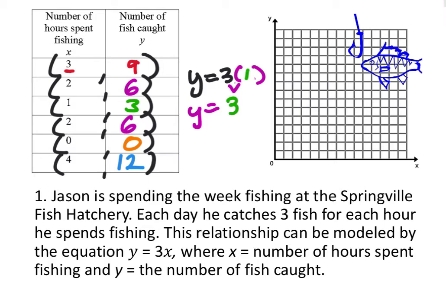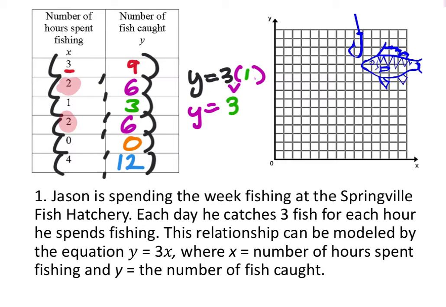Now, before I put this on a graph, let's just determine if this table is a function or not. So we'd look and see, okay, remember, two questions, right? Are there any x values that repeat? I don't care about the y values, only the x values, right? And I say, oh, there is. There's a 2 here and a 2 there in the x values. Okay, so it's possible it could not be a function.